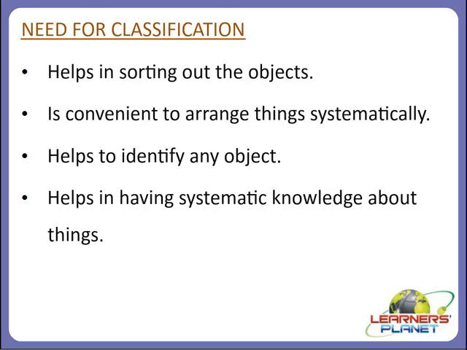So basically, classification helps in having systematic knowledge about things. If you have no knowledge about the chocolates available in various brands, you can visit a mall where chocolates are placed in a very systematic manner. So this helps us to choose the best one out of them.